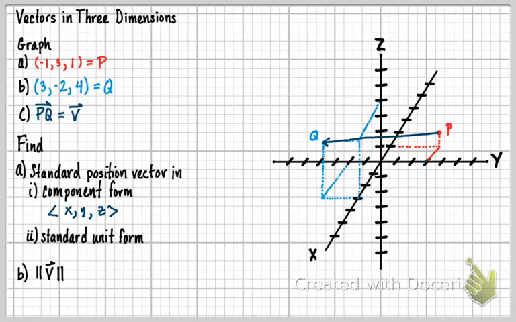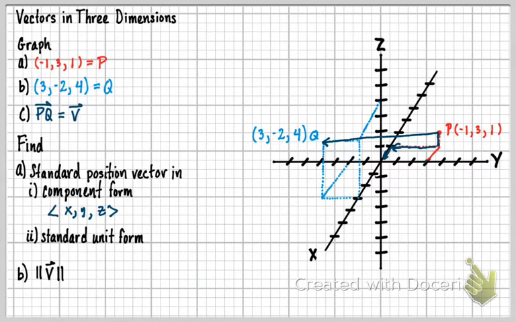Now remember, point P is -1, 3, 1, and point Q is 3, -2, 4. So essentially what I'm going to do here is I'm just going to take this point, move it down, and then move it to the left here, 3, and then move it in the positive x direction, 1.